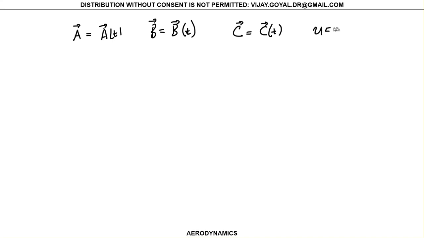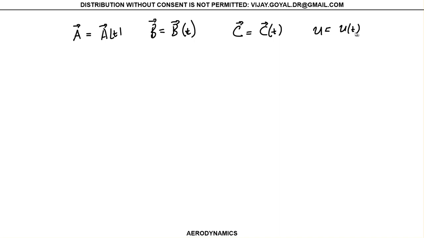Okay, let's suppose we have various cases. Just for the sake of this exercise, let's say your vector A is a function of time, and you have another vector B that's a function of time. You have vector C that's a function of time as well. Let's suppose you have a scalar U that's a function of time.